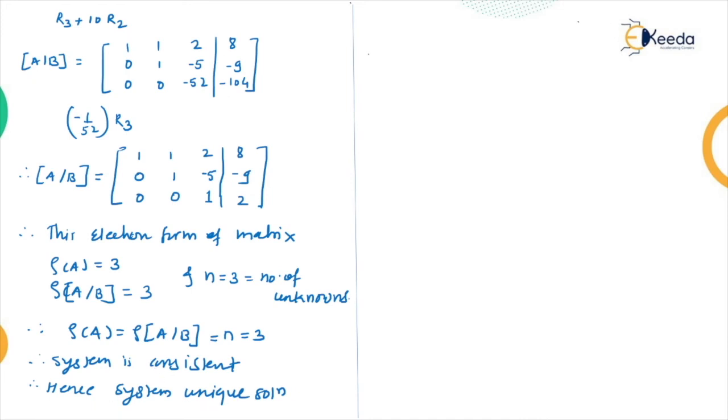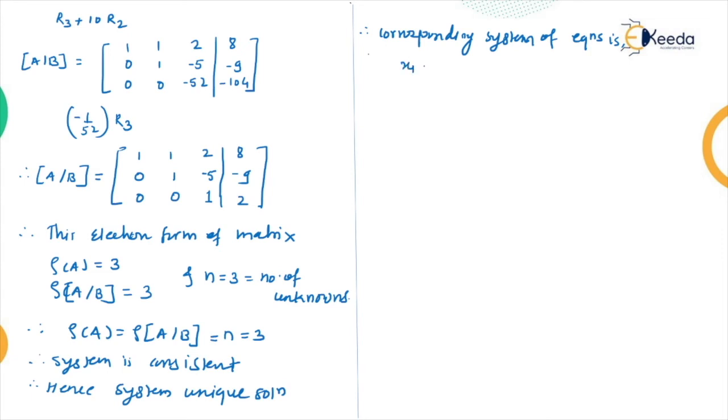Therefore the corresponding system of equations is, you have to check the coefficients of x1, x2, x3 in the first row.